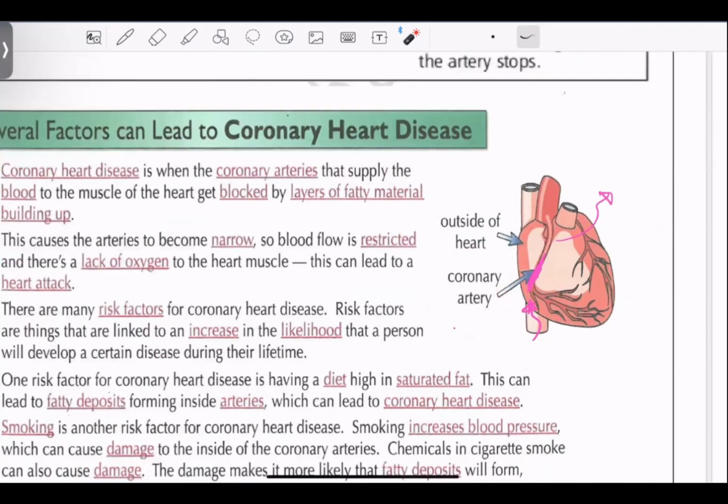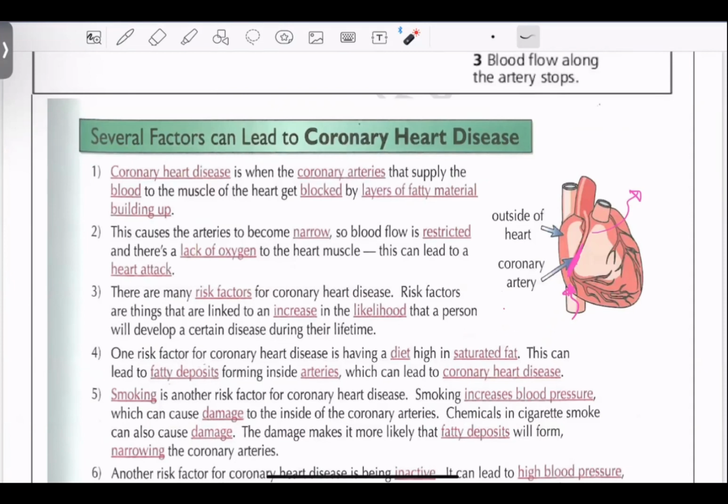So here, if we eat a large amount of fat, this is going to block the passage and restrict the flow of blood, which also contains the oxygen for respiration to get the energy, and this leads to a heart attack at the end.